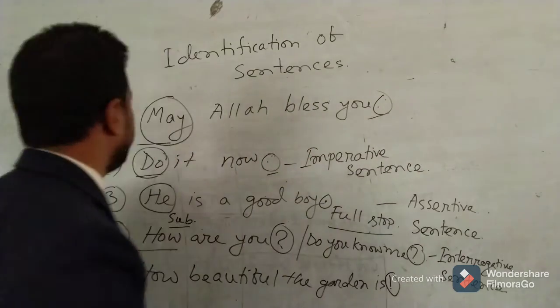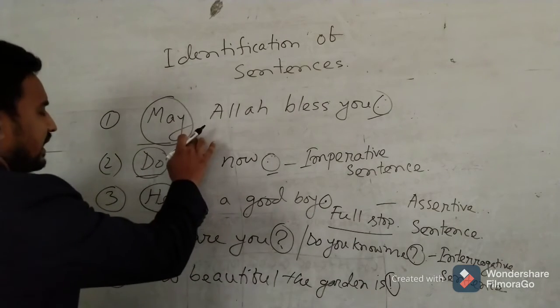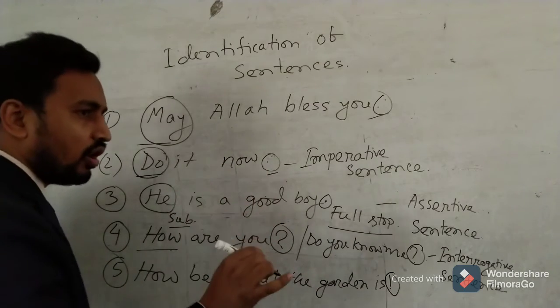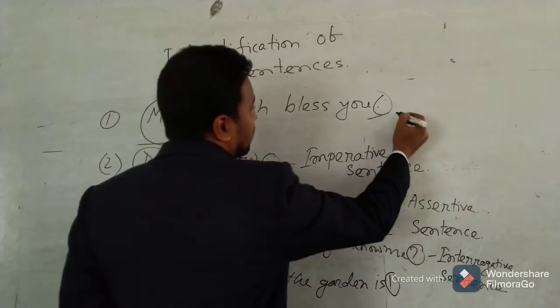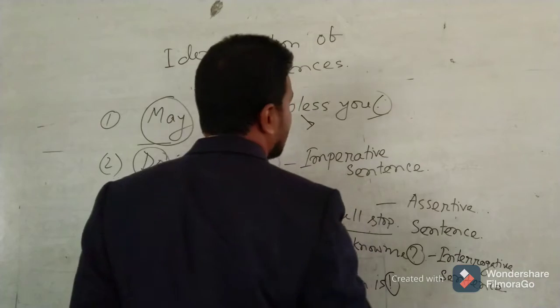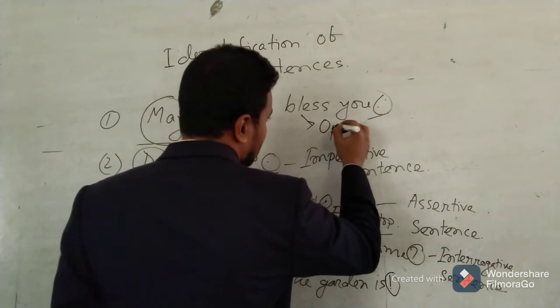And if we get any sentence started with may or long, and ends with a full stop, we can say that it is an example of optative sentence.